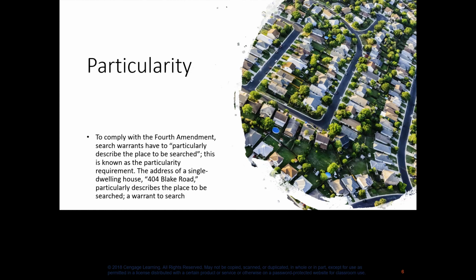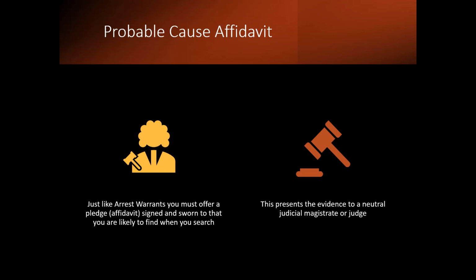Now that probable cause affidavit, just like an arrest warrant, if you're having a search warrant, you've got to swear and sign the affidavit, the pledge, that this is where I'm likely to find it and this is what I'm looking for.